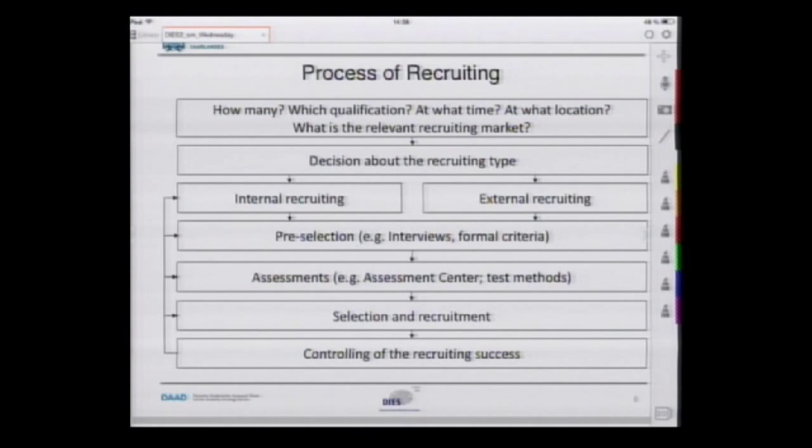What kind of tests are you using here at the university? Yes, you look at the personality. Yes, capabilities. How do you make it? To look at capabilities? Okay. Yes. What else?